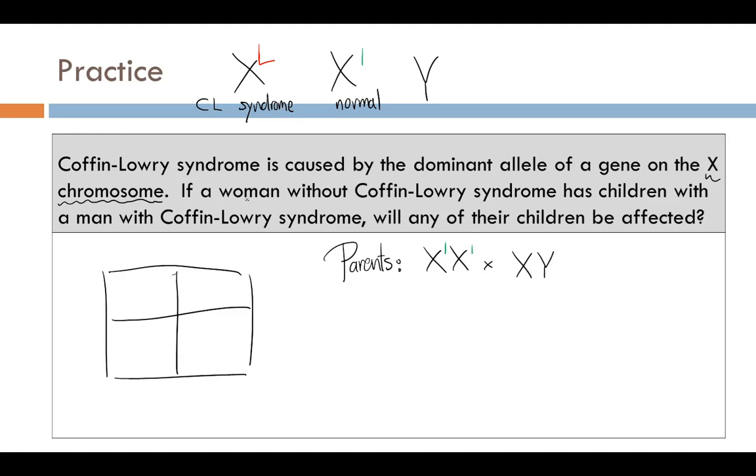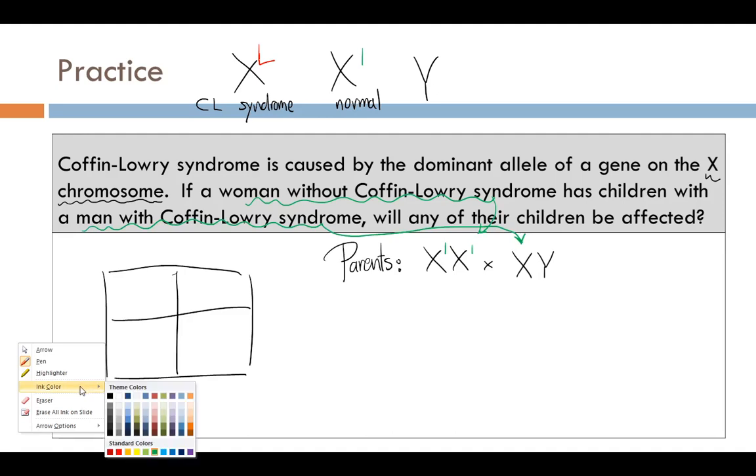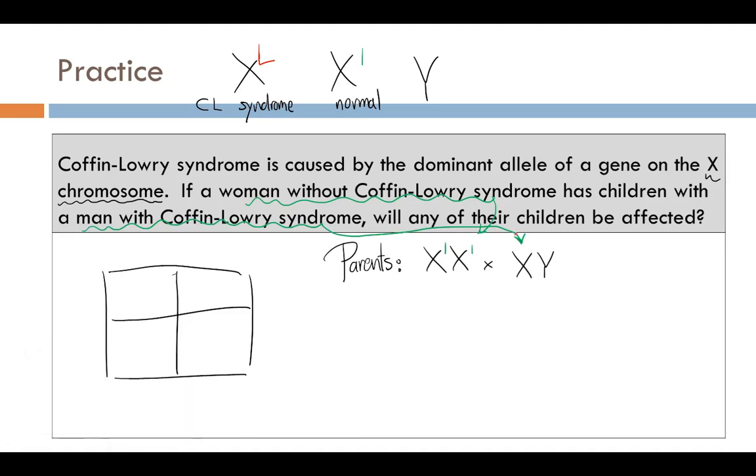So that's her. And a man who does have Coffin-Lowry. Okay, so that means that he has the capital L. Okay, don't write anything on the Y because it's not on the Y, it's on the X. That's why it's sex-linked. Now all we got to do is put this on our Punnett square.